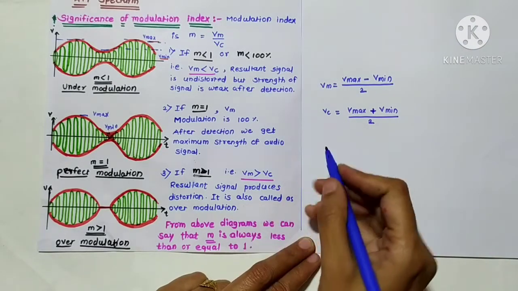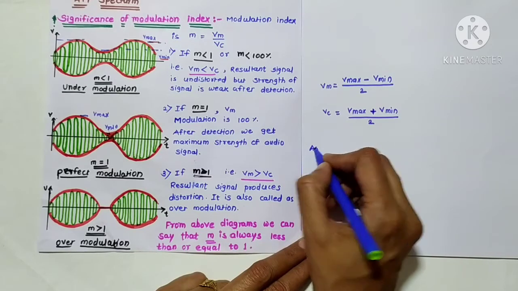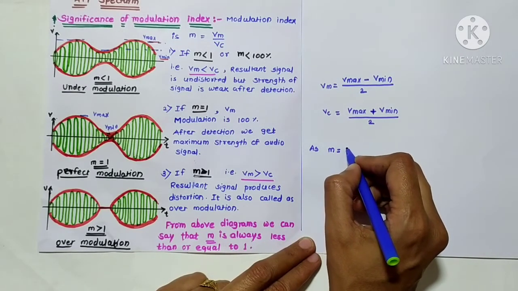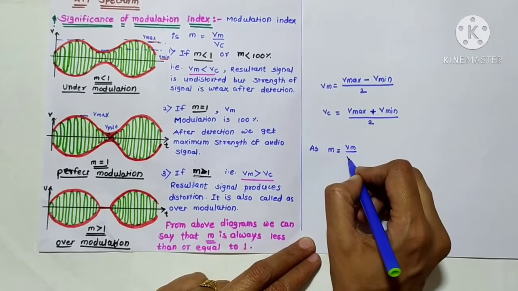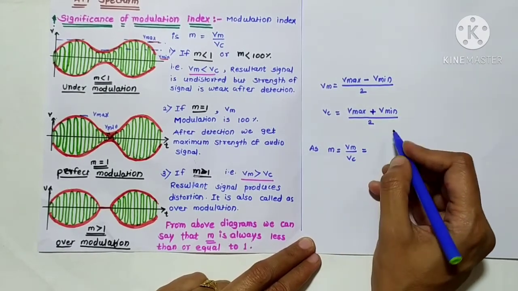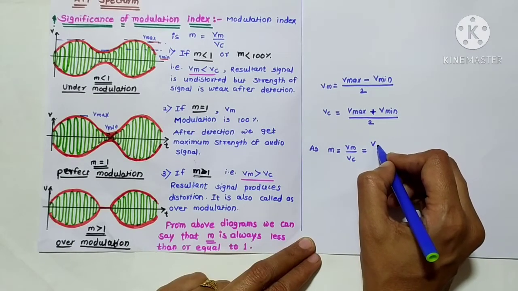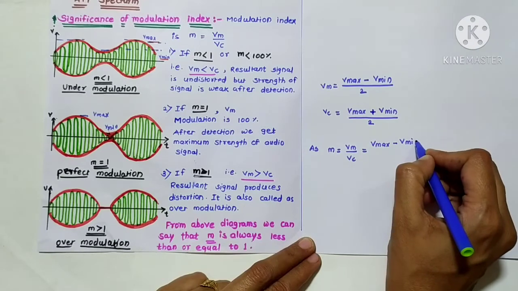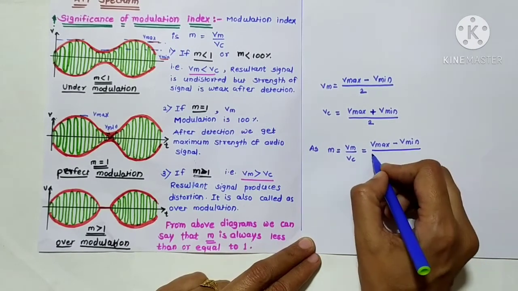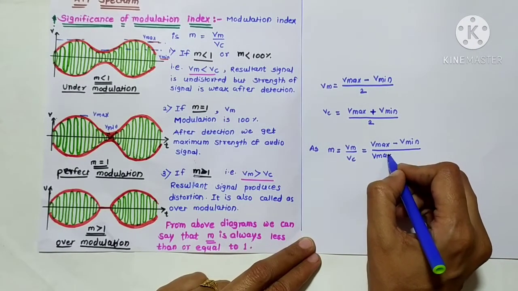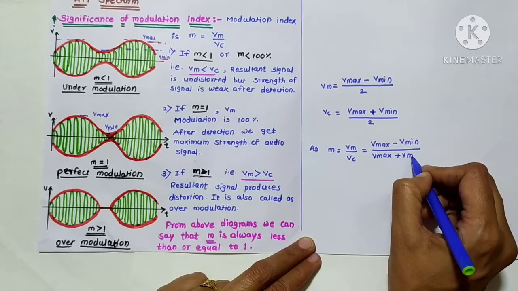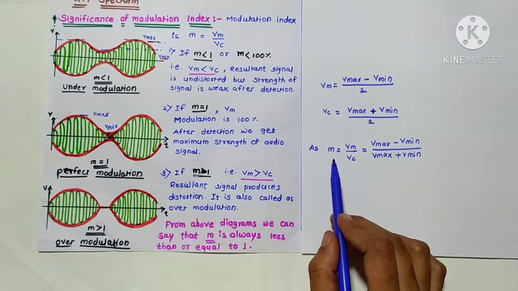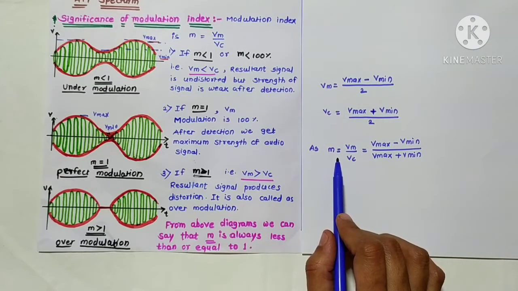And by using modulation index m is equal to Vm upon Vc, we can write this equation. Vm upon Vc is equal to V max minus V minimum upon V max plus V minimum.